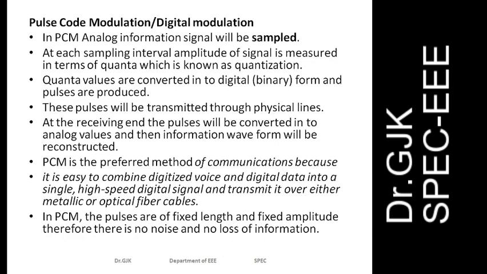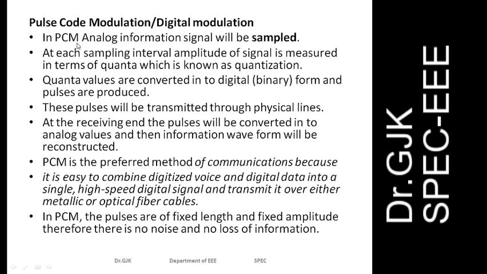This is most frequently used because it has more advantages, because it uses digital data. Digital data can be easily transmitted and there are no errors in transmitting the data. Noise error will be very less. Therefore digital communication, or digital modulation, or pulse code modulation will be used in a large number of applications.